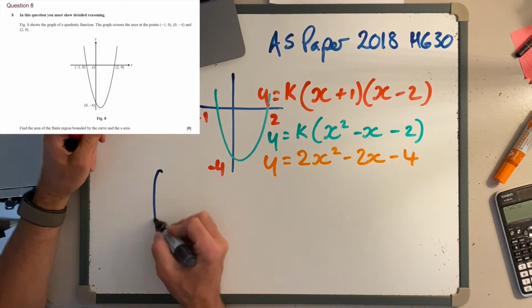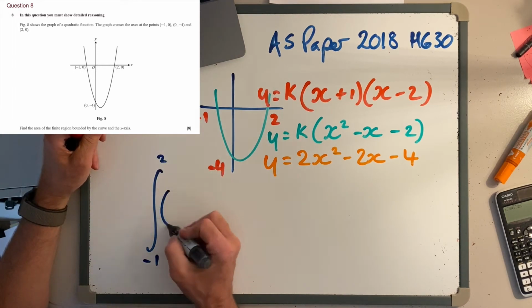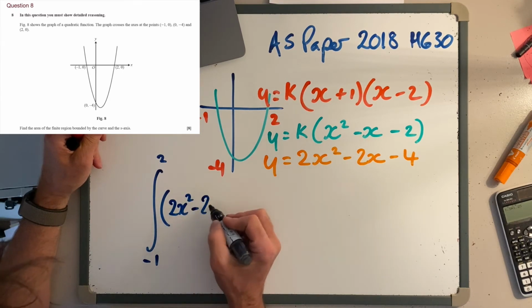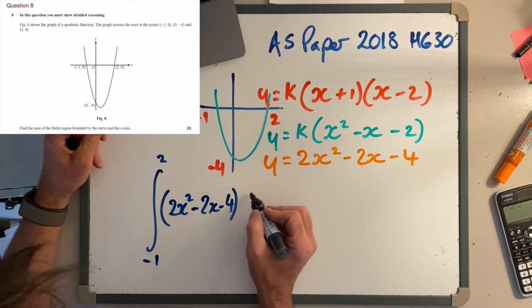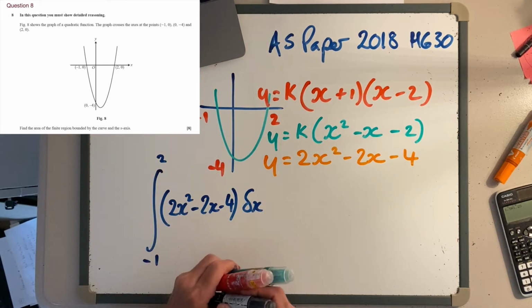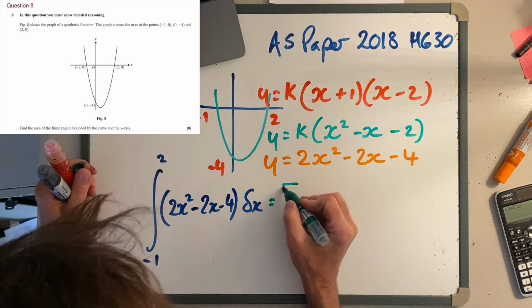So now let's integrate between the values of -1 and 2, with respect to tiny little increments of x as it moves along. Now remember, when you integrate, you are increasing the power, and I've got my limits.